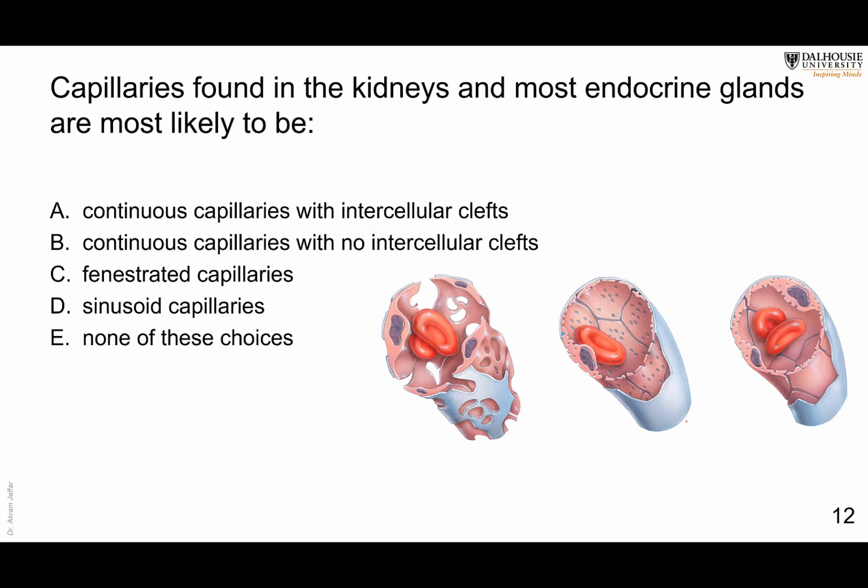The continuous capillaries with intercellular clefts are present, for example, in the lung for the exchange of gases between blood and alveolar spaces. So these are continuous capillaries.